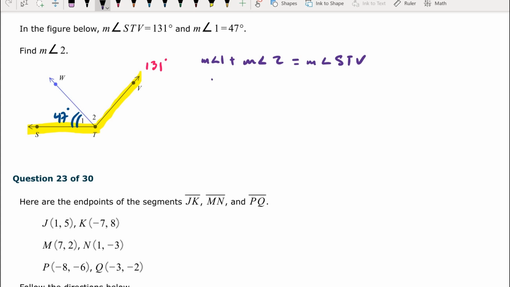So measure of angle 1 is 47. Measure of angle 2 is what we're looking for. And measure of the big angle is 131. So to solve for x, you're going to subtract 47 from both sides. So that will be 131 minus 47. That will be 84.